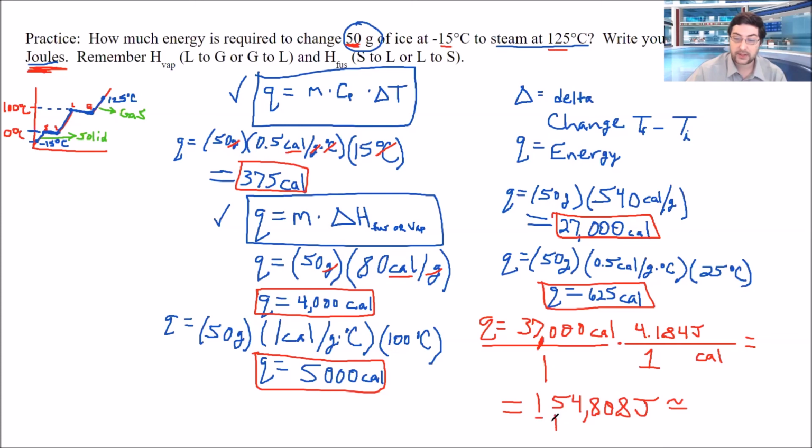We look at the next place value over for rounding purposes. That means we have about 200,000 joules of energy required to make this conversion from ice at -15 degrees Celsius into steam at 125 degrees Celsius.